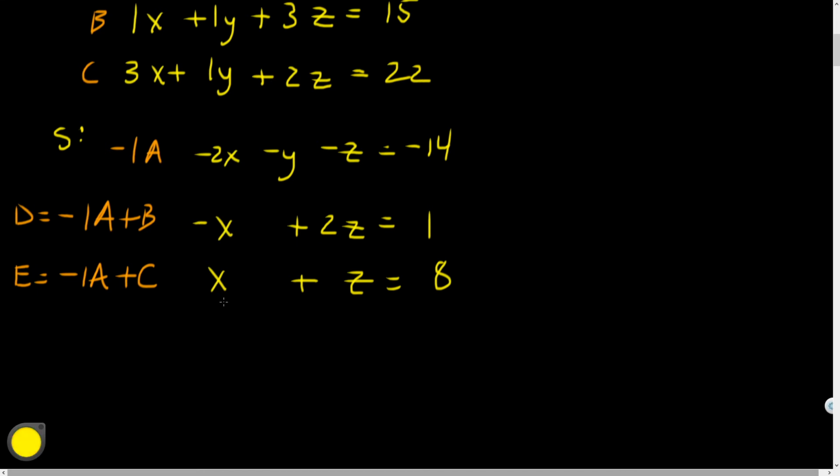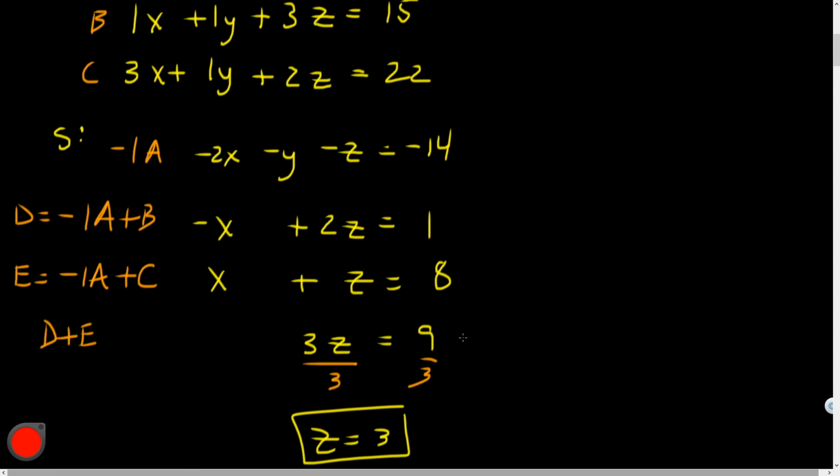Let's add those together, D plus E. And so x and negative x cancel out. 2z and 1z combine to be 3z equals 1 plus 8 is 9. And I get z equals 3. And that's the price for a salad, I believe.